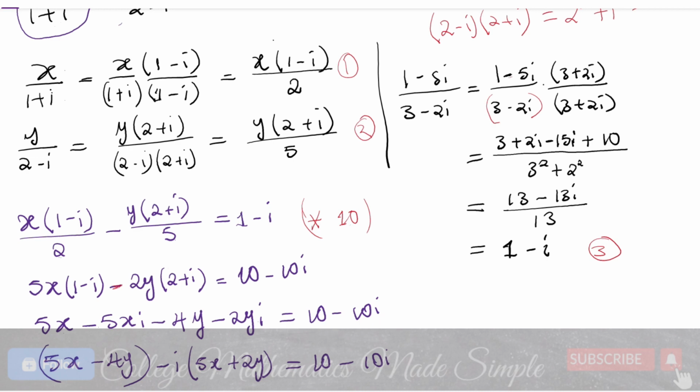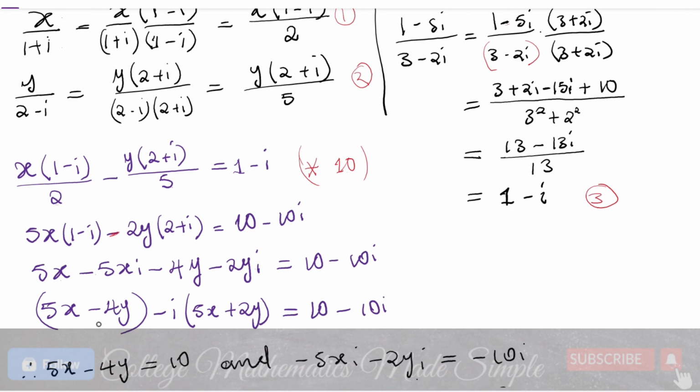Now I can group like terms. So those variables that do not have i in them, which is 5x minus 4y, and then minus, I factor out negative i, and remain with 5x plus 2y, which equals 10 minus 10i.